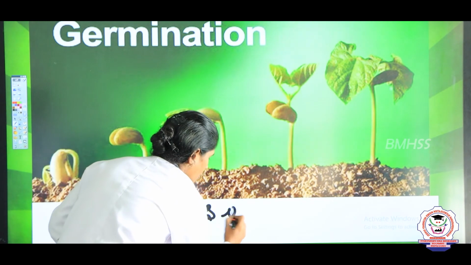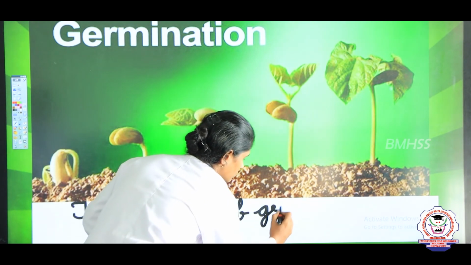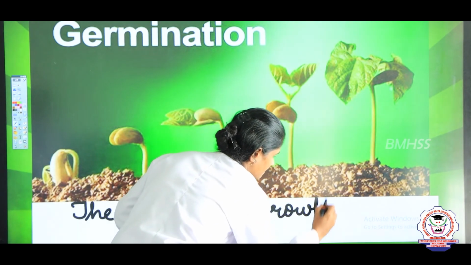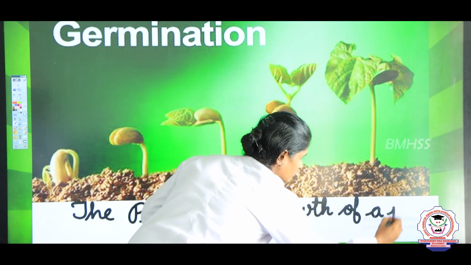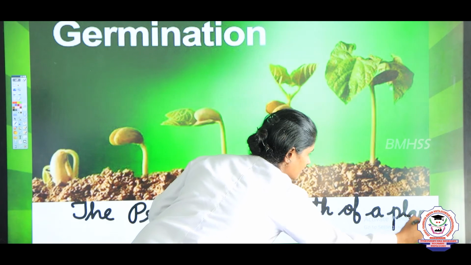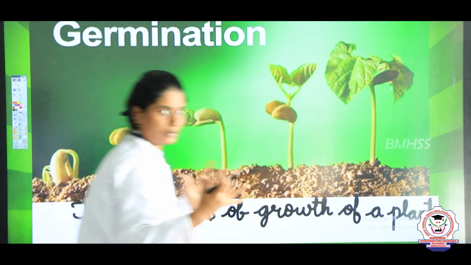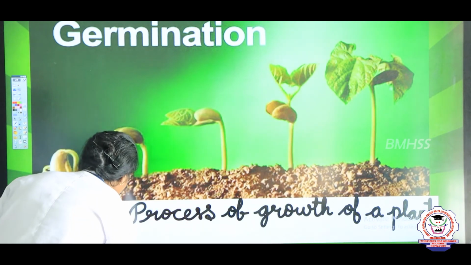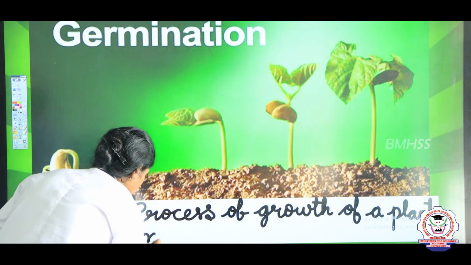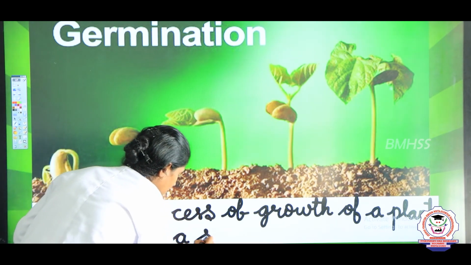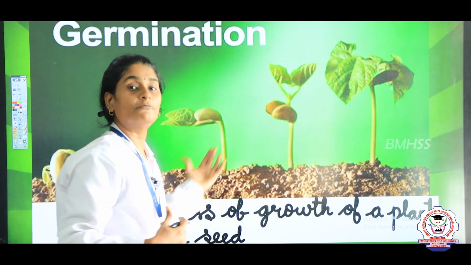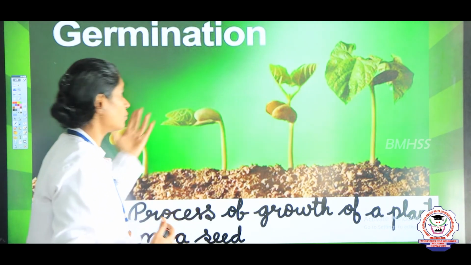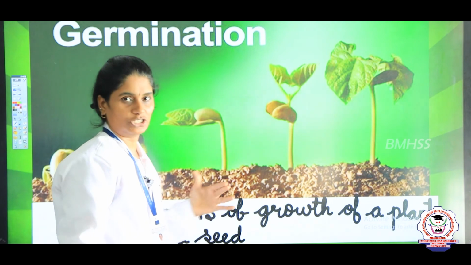So, the process of growth of a plant. You can get a new plant, right, from a seed. So, the process of growth of a new plant from a seed, that process is known as germination, right.